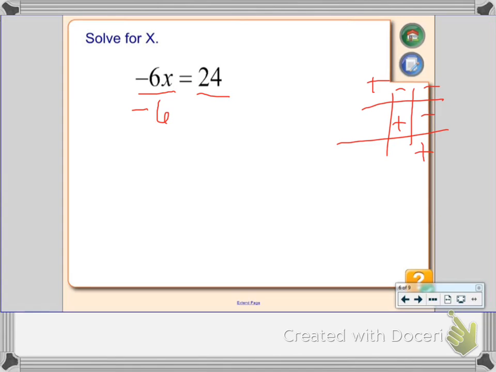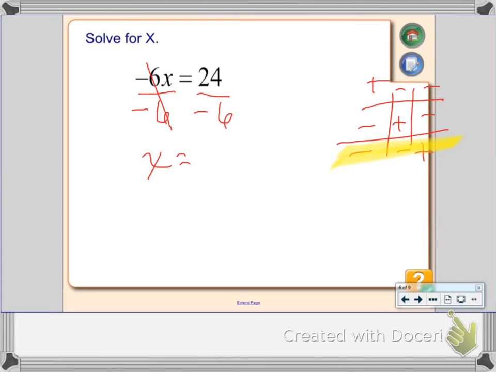And we don't want a negative x. We want to make sure that it's a positive x. So I'm going to use a negative divided by a negative is a positive, because I want that x to be positive. So I'm going to divide both sides by -6, and this cancels. So I'm left with x.